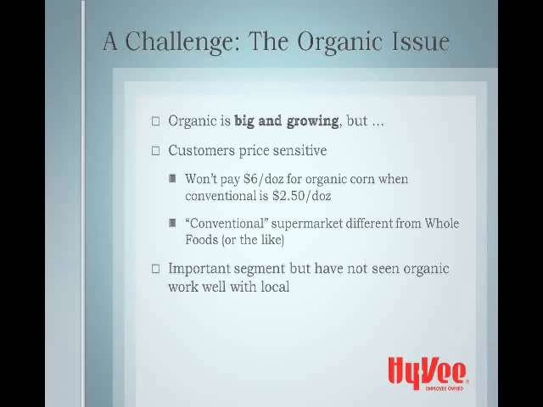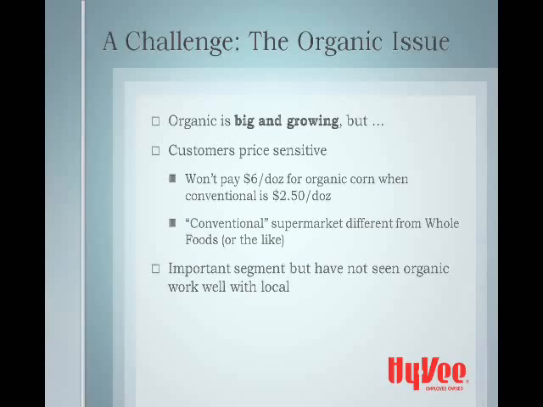Organic issue. Organic continues to be one of the fastest growing segments in the fresh produce arena. That being said, I haven't personally experienced that play out very well in local. So hopefully we'll learn some things today on that area. It's big and growing.